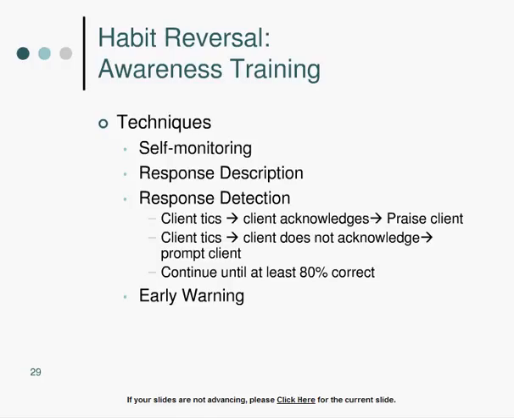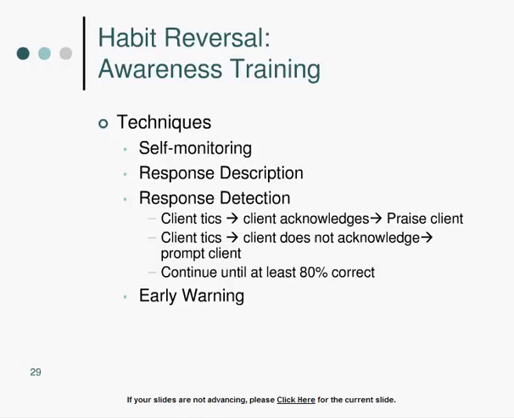So we are talking, and if the patient tics and the patient acknowledges it, that's good, and I praise the patient. And if we are talking and the patient tics and just kind of keeps talking and doesn't acknowledge that they just ticked, I prompt the patient. I say, there was a tic, and let's just keep going. Let's keep trying that. There are different ways in which they can acknowledge their tics.